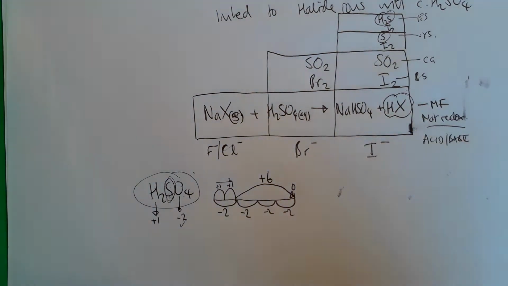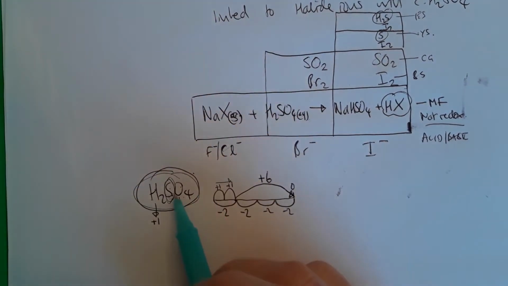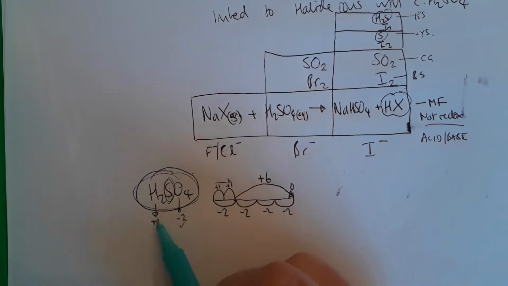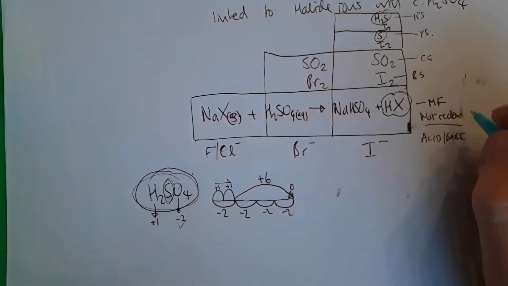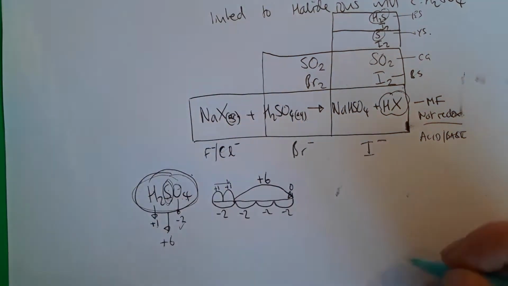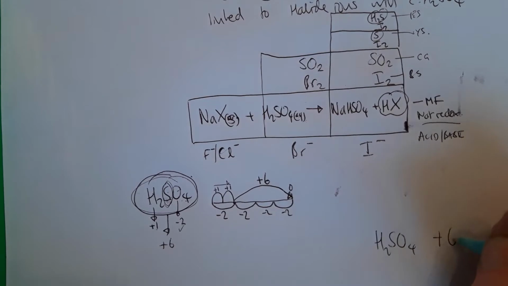If it helps, just think of oxidation states as charges. Overall this is 0. So 4 -2s and +2, this must be +6. All right. So H2SO4, the sulfur is in oxidation state of +6. I'm going to write that over here. H2SO4, it's +6.